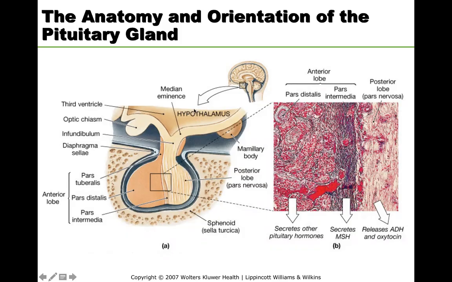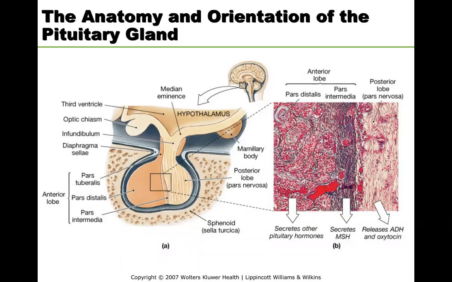One is the hypothalamus producing some hormones and controlling, and those hormones in turn controlling the release of certain hormones from the anterior pituitary. On the other hand, the posterior pituitary hormones are produced in the hypothalamus and stored in the posterior pituitary. So the hypothalamus has complete control on the pituitary.